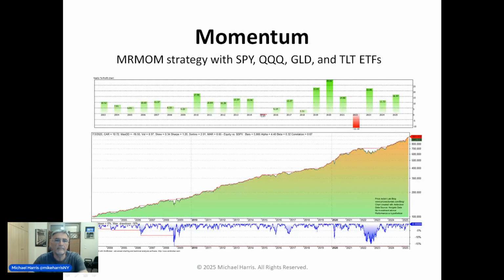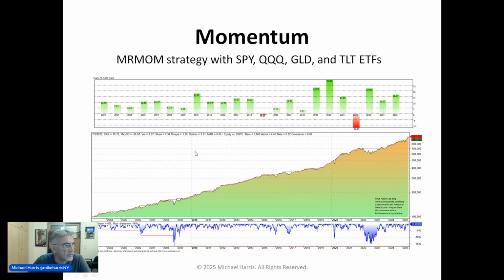Let's start with momentum. This is our MOM strategy with SPY, diamonds, gold, and TLT ETFs.